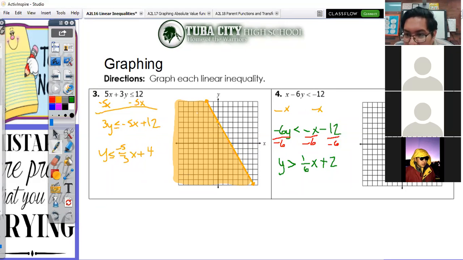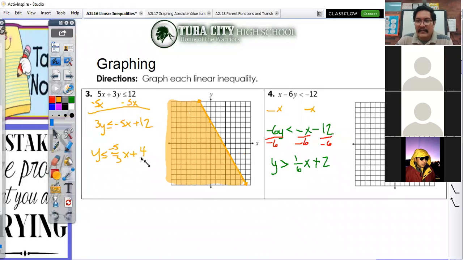Let's go ahead and mark out negative 2. And then follow the slope, so up 1 over 6. So I just have to draw a line between those 2 dots. Now I need to pick the kind of line that I need. In this case, I will need a dashed line because there is no "or equal to," so that means I cannot pick something that lands directly on the line.